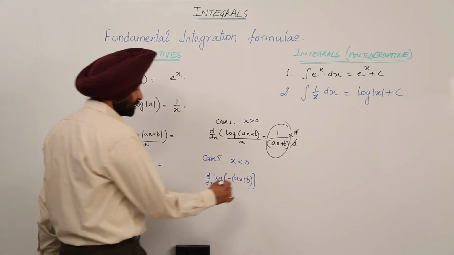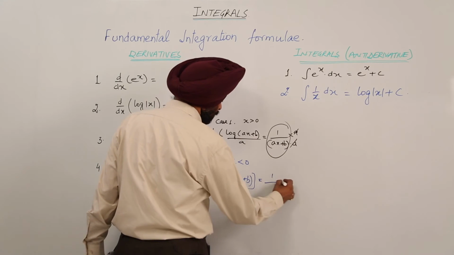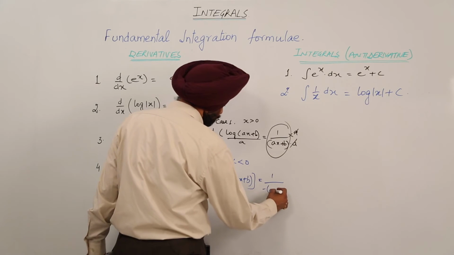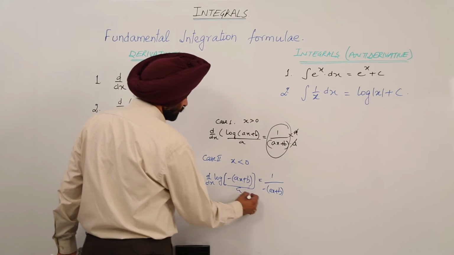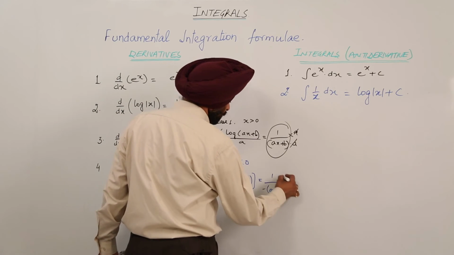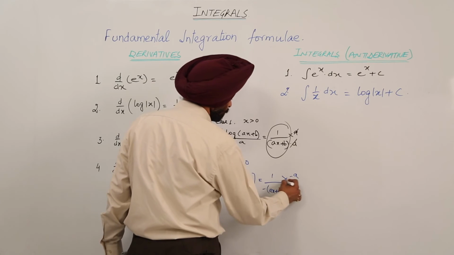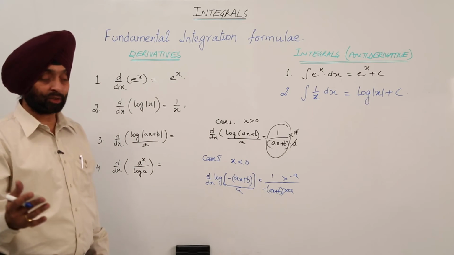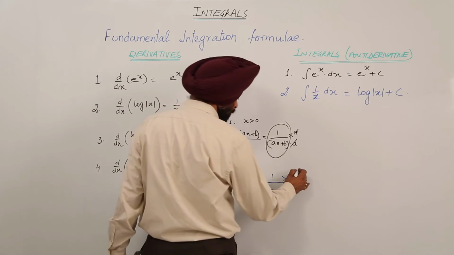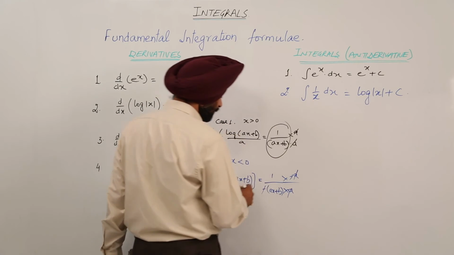So what is the result now? 1 upon minus of ax plus b, and a is also here, so a into minus a, d by dx of negative of ax plus b, that is negative of a. So a and a cancel, negative and negative cancel.